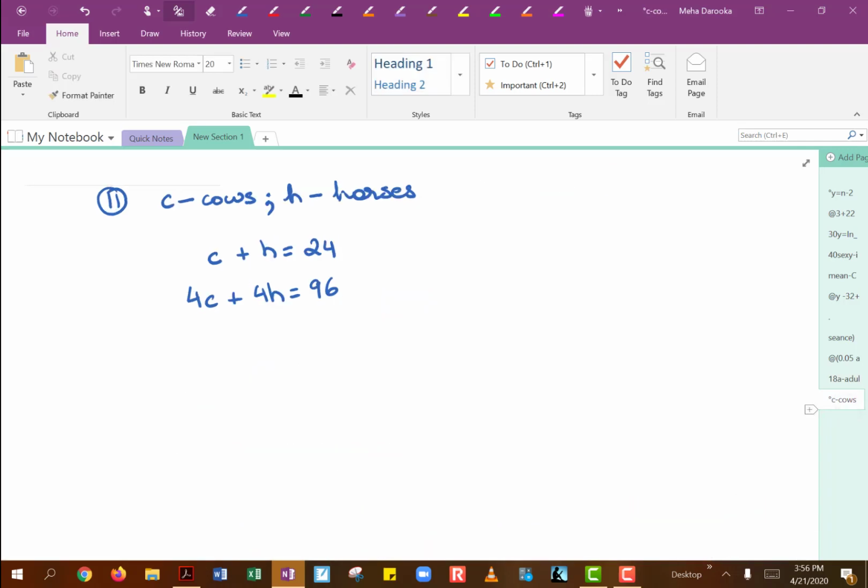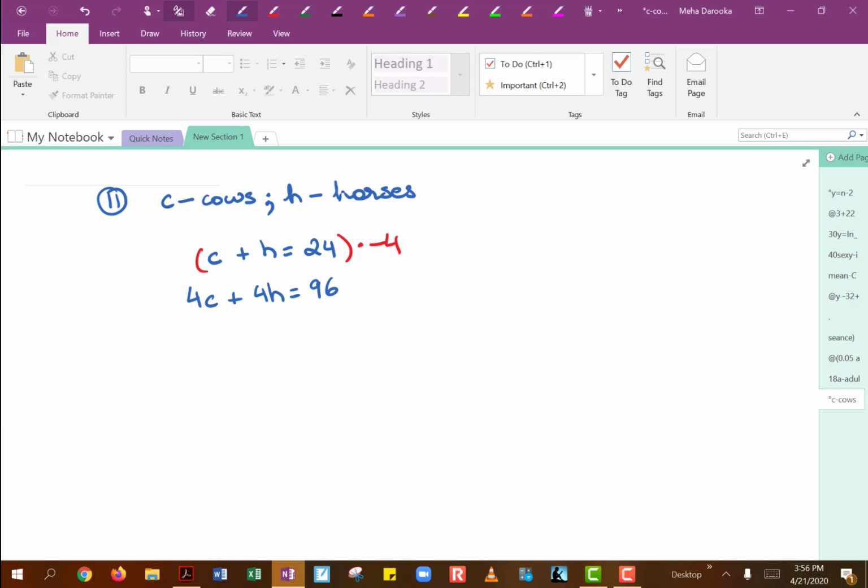Now again, you can use substitution or addition to solve this, but you know what? Addition is going to be the most straightforward method over here. So again, we're going to multiply both sides of our equation. Now, in this case, since I have a positive 4c in my second, let's multiply this guy by negative 4 so I can get a negative 4c.